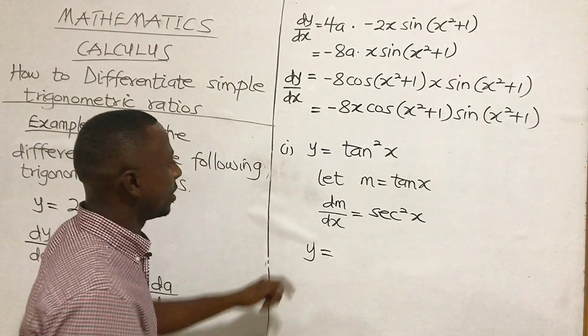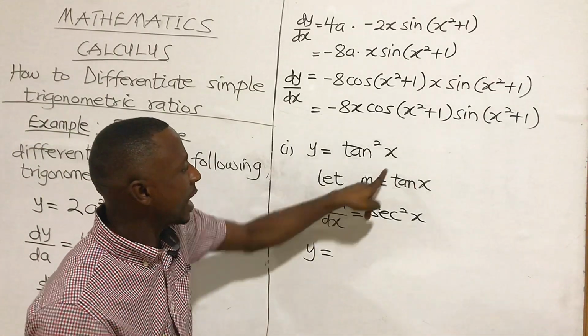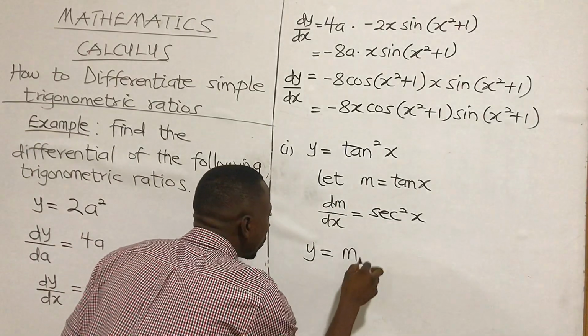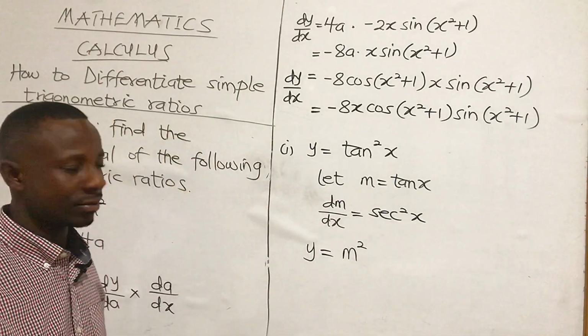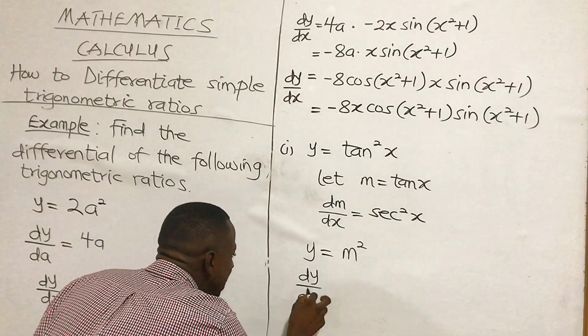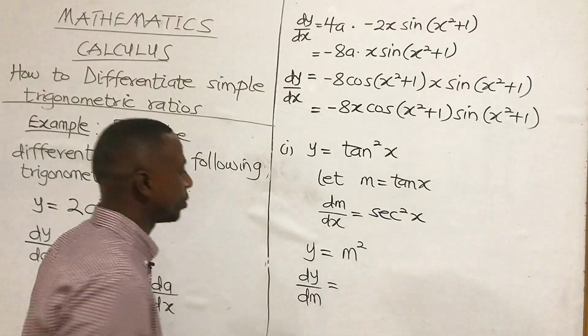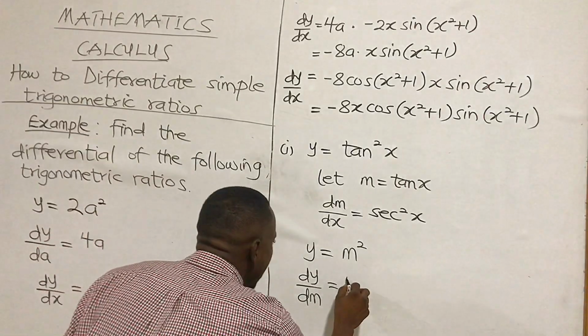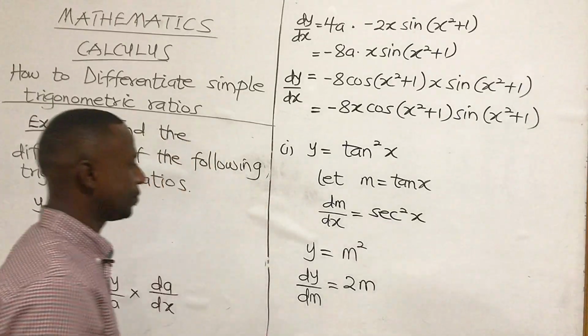So now I have y to be tan squared x, but we know that tan x is m. So we are going to be left with m squared. Then from here, dy over dm is equal to, when I differentiate m squared, I am getting 2m.